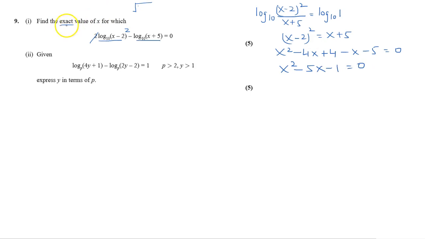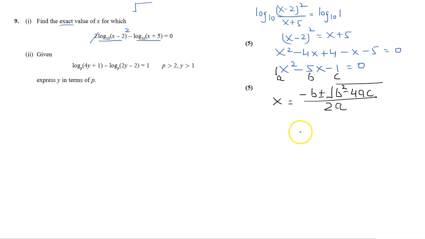It's talking about exact value, so let's use the formula straight away. So this is A, this is B, and this is C. The formula for x is minus b plus minus root b square minus 4ac over 2a.